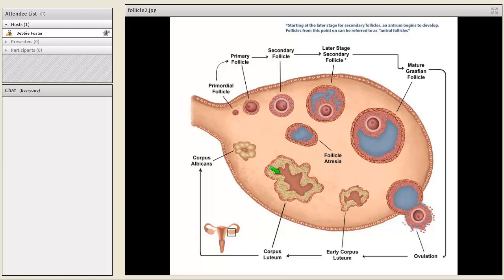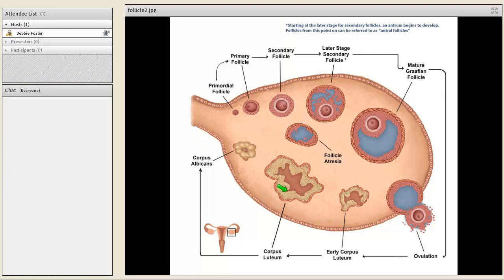And it will, like I said, once again, function until the placenta can take over. If there isn't fertilization, and if there isn't an embryo to send a chemical hormone signal of HCG, then after about 10 to 12 days, this stops producing progesterone and estrogen and starts essentially to disintegrate, die off.